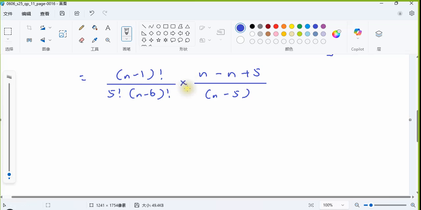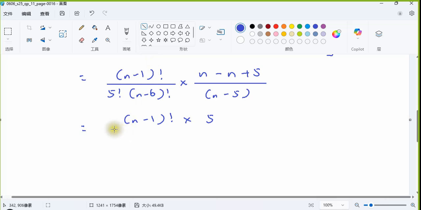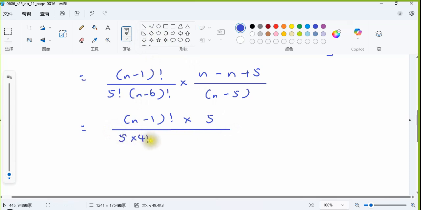So multiply with this, then we have (n minus 1) factorial times 5. So the 5 factorial we rewrite as 5 times 4 factorial times (n minus 1) factorial. Then cancel.